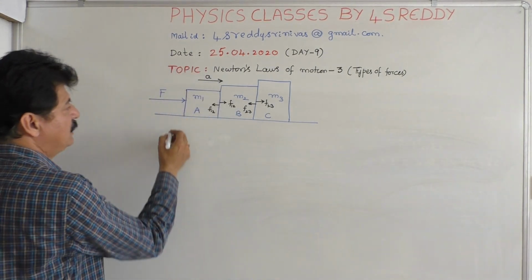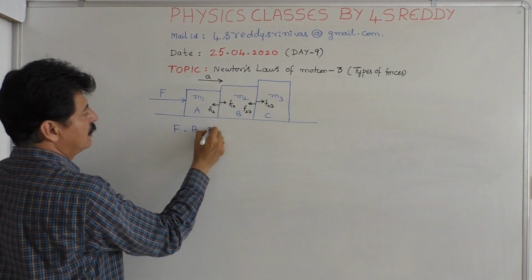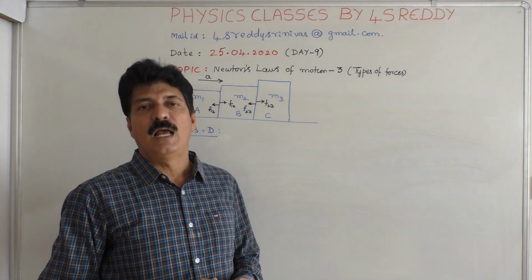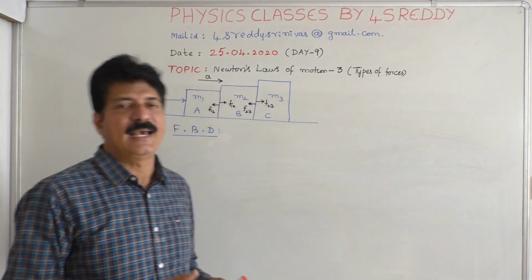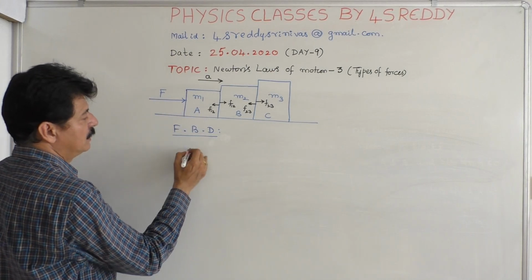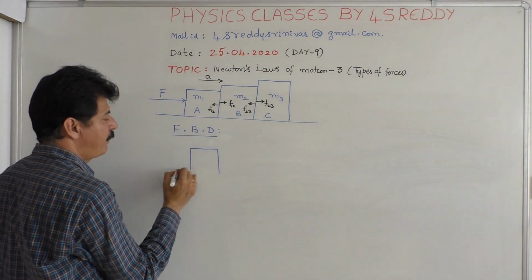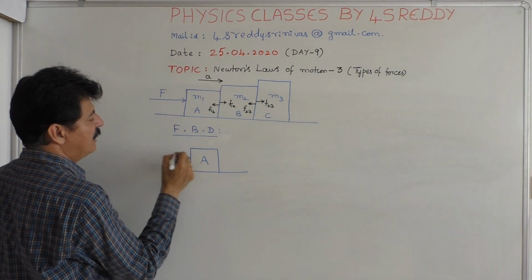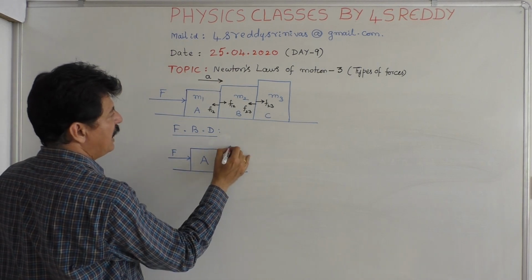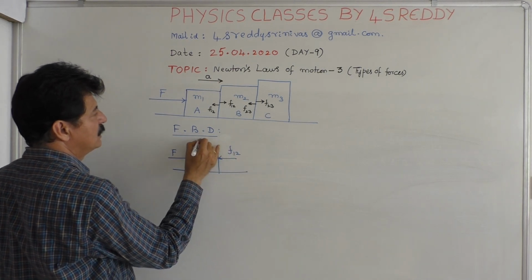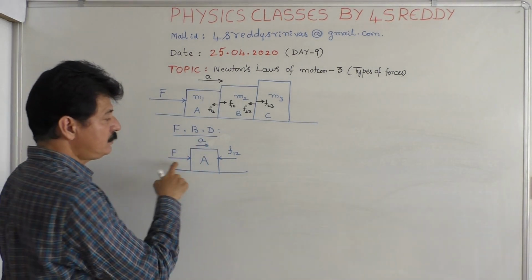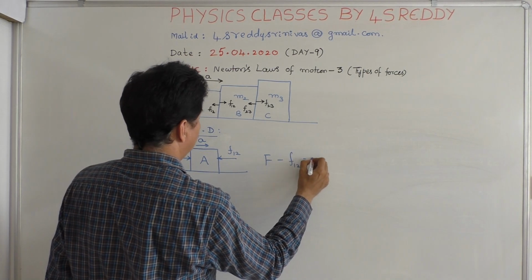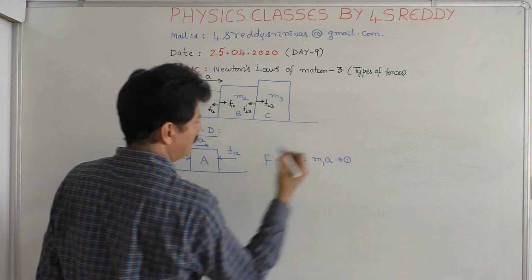Now take the free body diagrams. Free body diagram means each block is separated from the system along with the forces and their directions. So first, if I take the first block A, this is block A having a mass M1, this is F in this direction, this is F12 in this direction, and it moves with an acceleration A. Therefore the net force is capital F minus F12 is equal to M1A, the first equation.